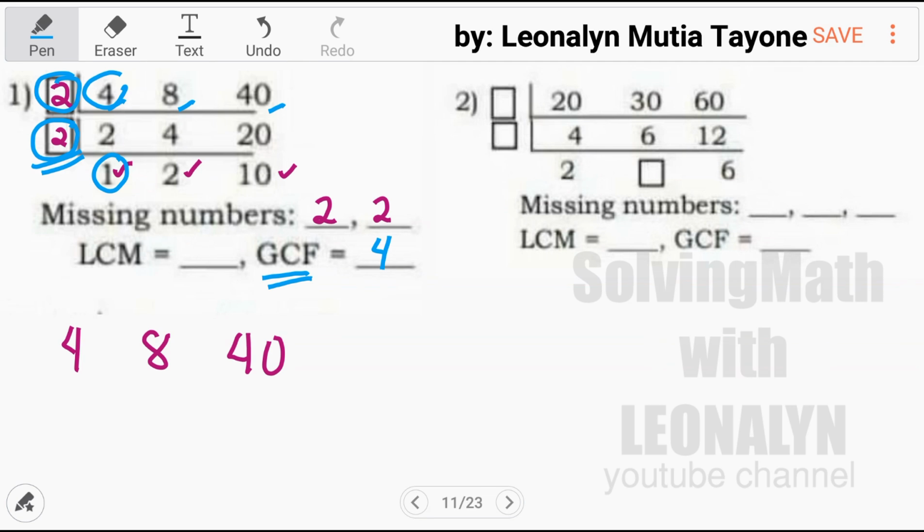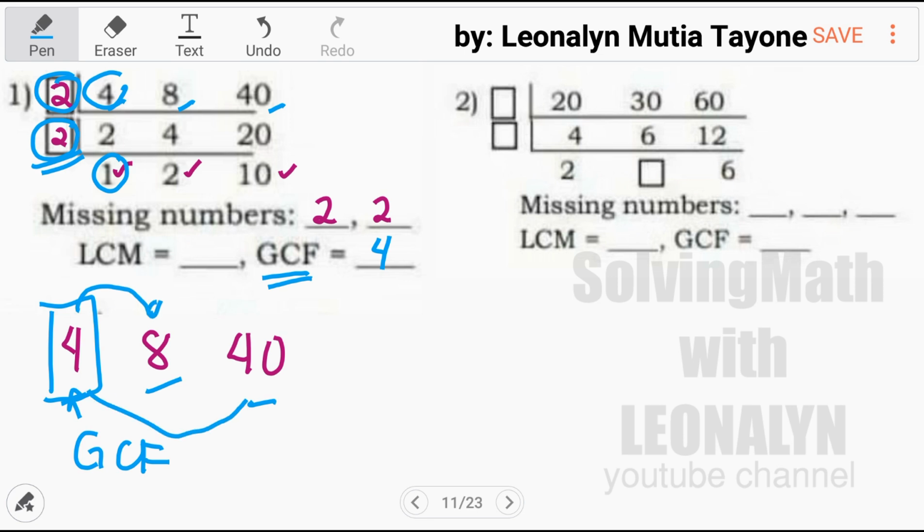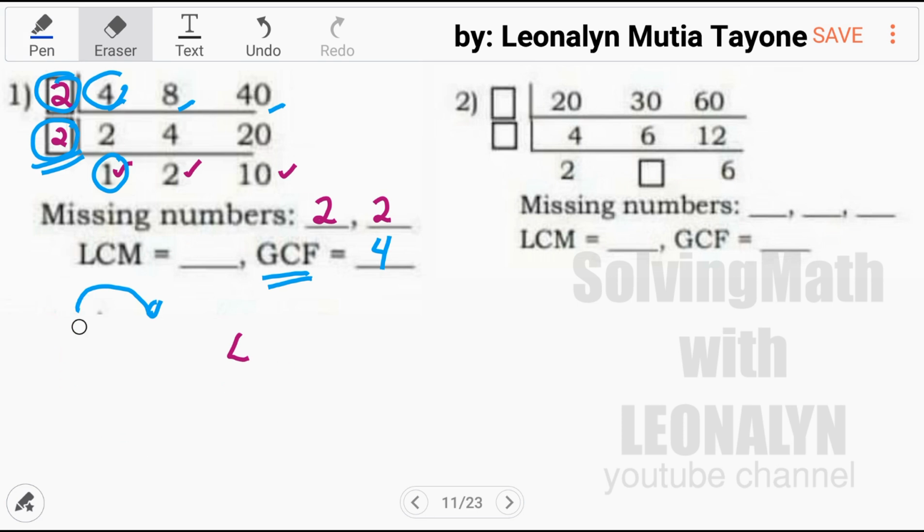Always remember, kapag naghahanap tayo ng greatest common factor, tingnan nyo yung pinakamaliit. Makadivide ba siya sa 8? Makadivide ba siya sa 40? Kung yes, pareho yung sagot, then the answer ay 4. Anyway, marami pa tayong examples para maintindihan nyo yan.